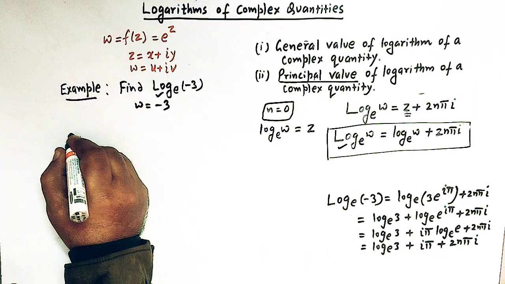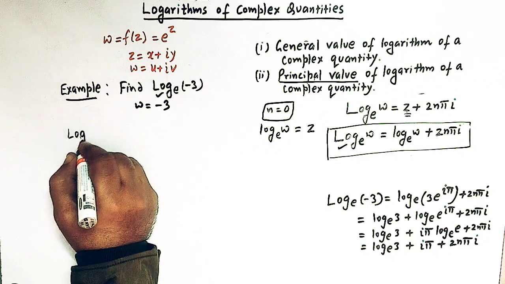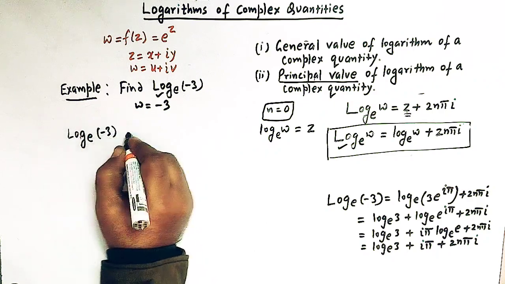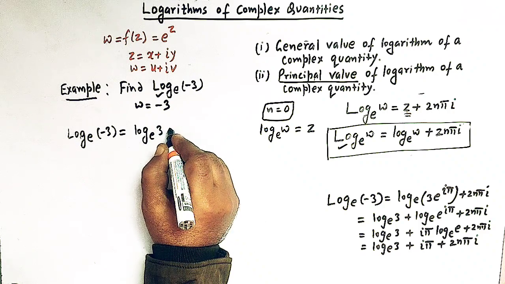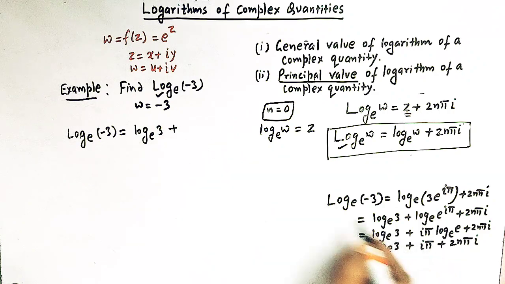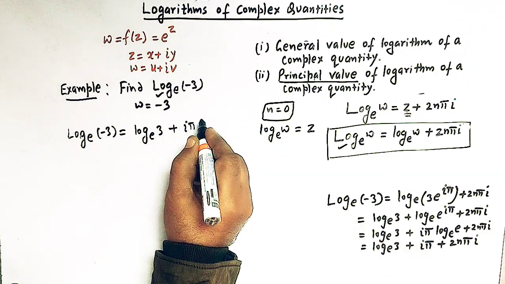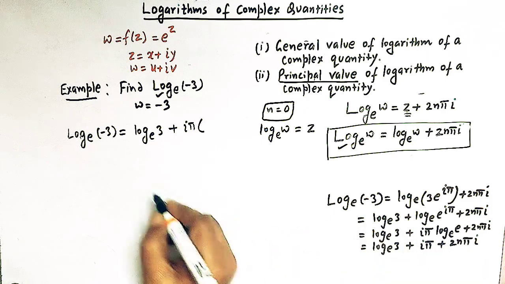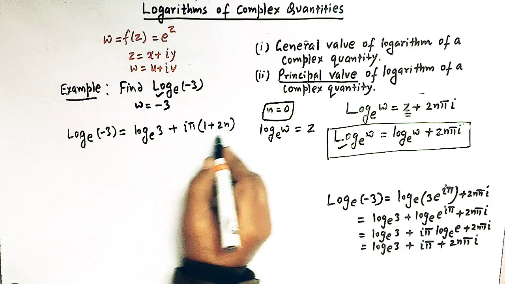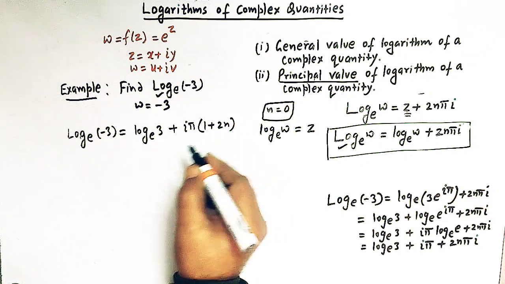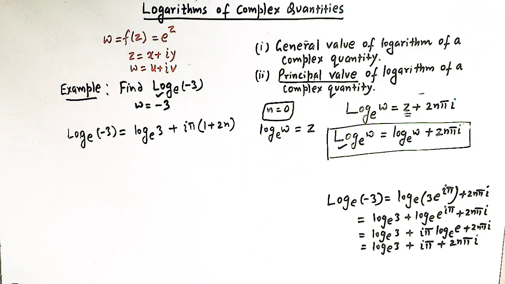So now we can write log of minus 3 is equal to log of 3, and then we have iπ common in these two terms, so we have 1 plus 2n, where this n is either 0 or any positive or negative integer.